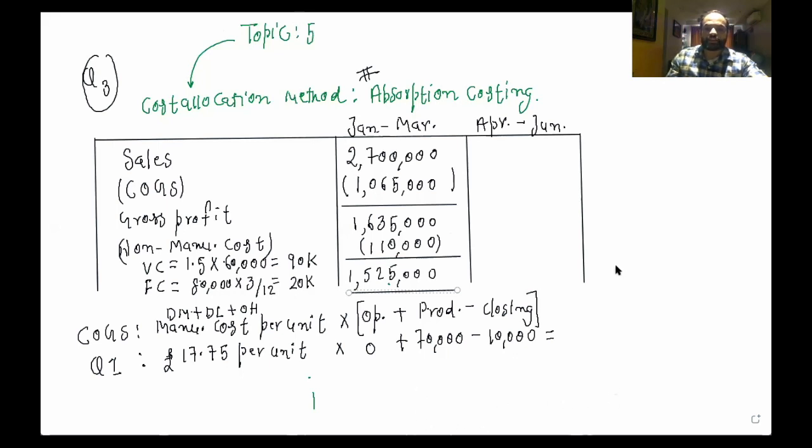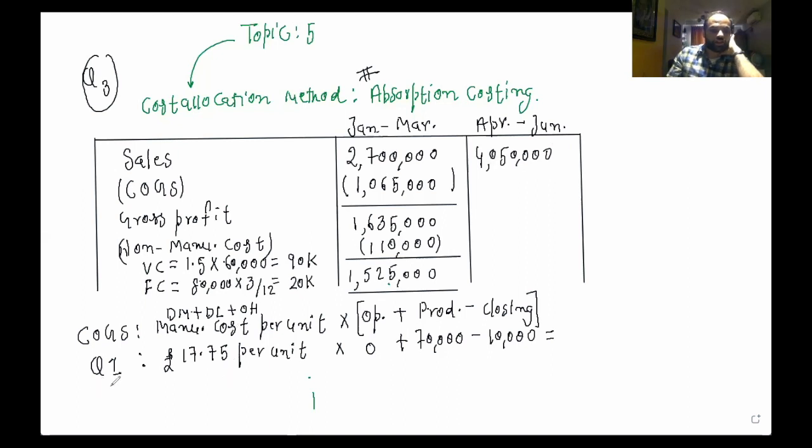So how much is the sales for second quarter? 4,050,000. Right. So that's your sales for second quarter.